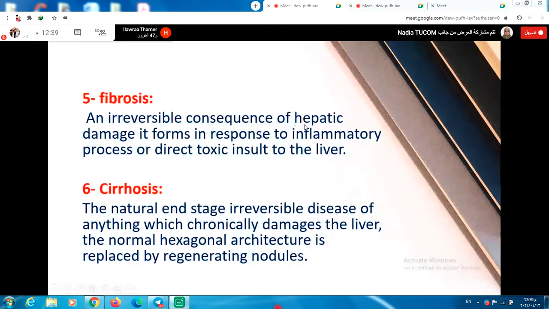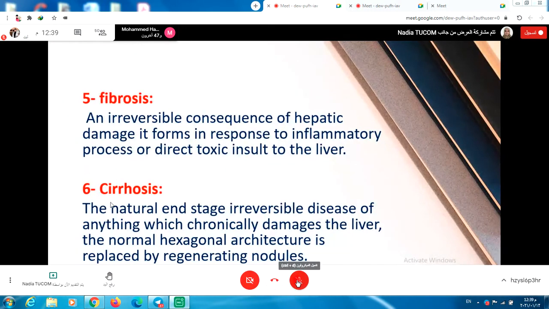There are certain inflammatory cytokines. What are the factors that induce fibrosis? There are certain inflammatory cytokines that stimulate fibroblastic proliferation and laying down of collagen after any injury: viral hepatitis, toxic hepatitis, autoimmune, alcohol-induced liver disease, and so on.